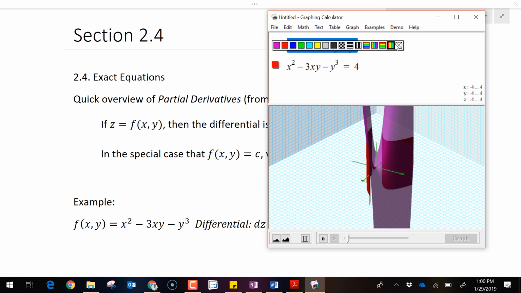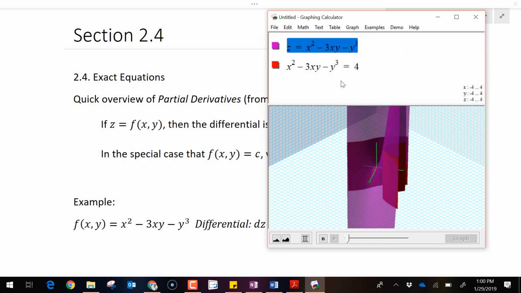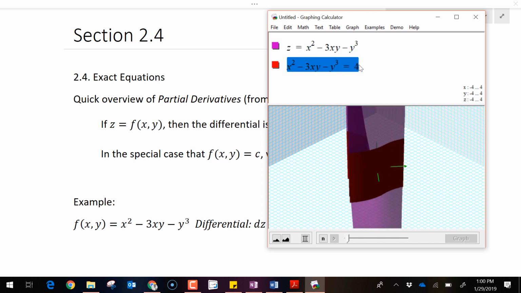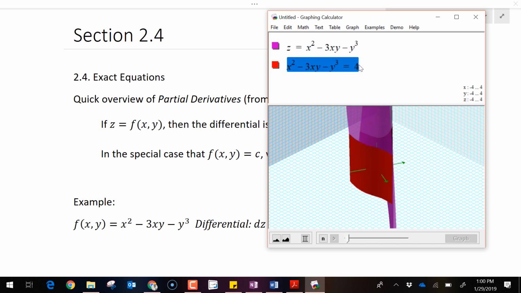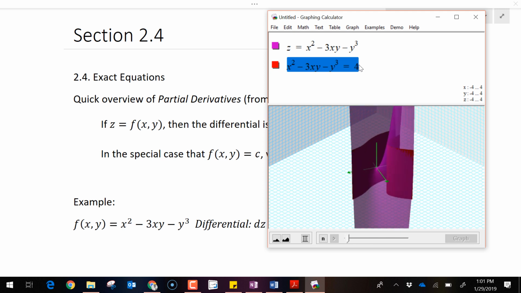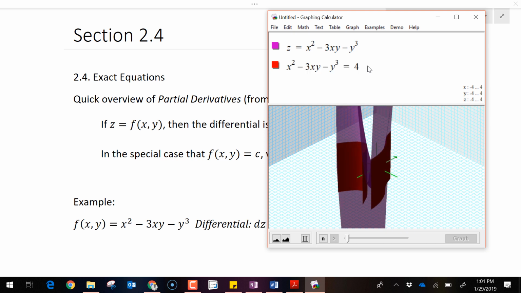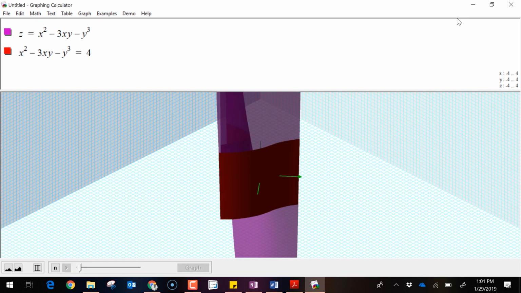So the interesting thing about this picture is that we're not interested in a 3-dimensional representation of this picture. We're interested in a 2-dimensional representation of this picture. So let's see if we can get to see a 2-dimensional representation of this picture.